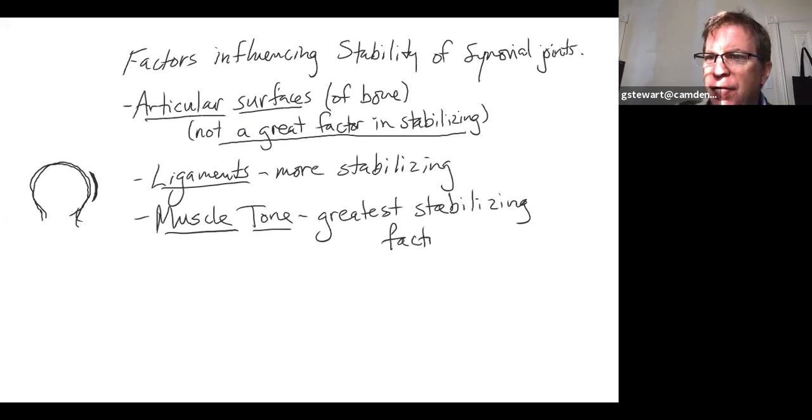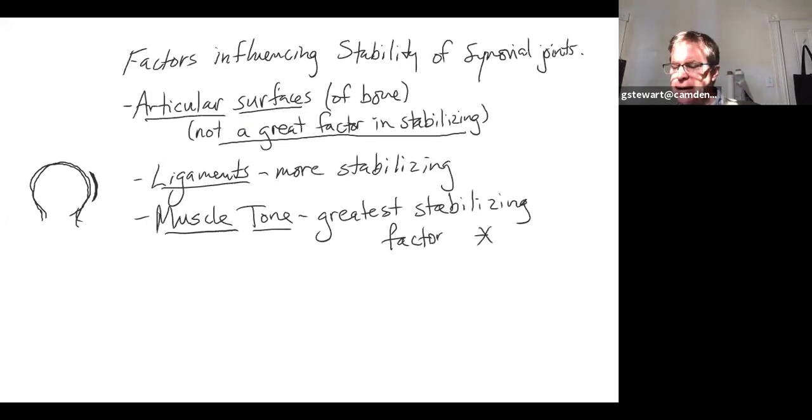The condition of the muscles surrounding a synovial joint have the greatest stabilizing factor for that joint. I'm not saying if you have knee pain, it's guaranteed that pain will go away if you undergo physical therapy. But the stronger the muscles are around any joint, the stronger the joint will be. It has the greatest stabilizing factor.